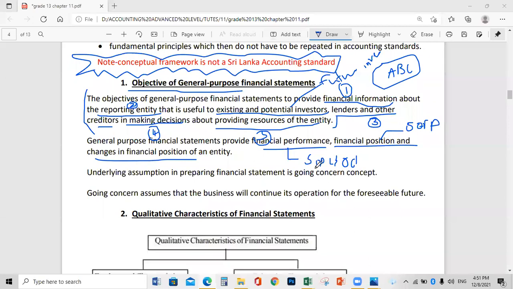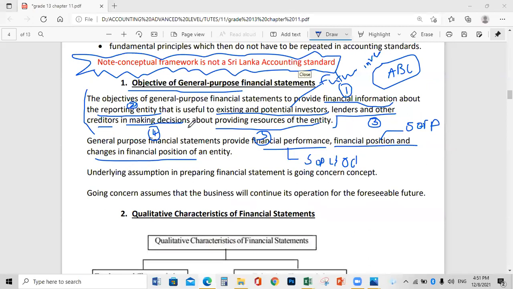For the statement of financial position, the main objective is to provide information about the financial position of the business. And the other one is the changes in financial position. Please don't forget this. This was a past paper question also.